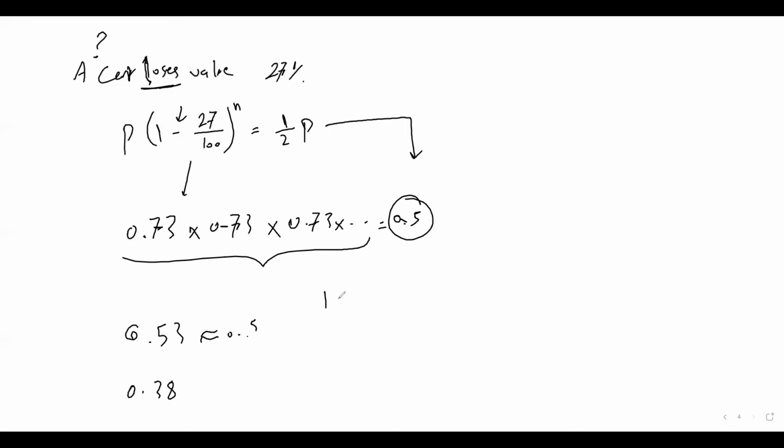So when you multiply it, let me see, 1 times 0.7, okay, then one more time. I'm sorry, not 1 time, but 2 times, so it's 2 years.